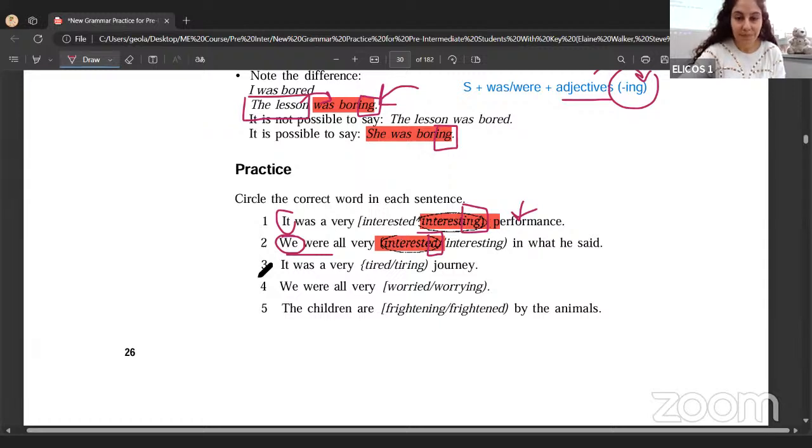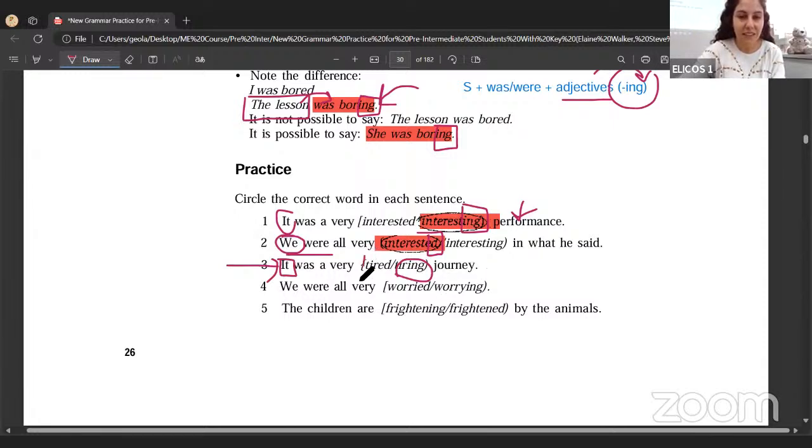Number 3. Are you going to pick tired or tiring? Tiring. It was a very tiring journey. So the reason why it is tiring is because I said it. So when I'm talking about the subject being it, remember it is like an unalive object. We say it. It was a very tiring journey.